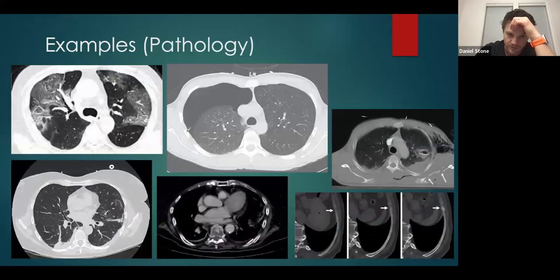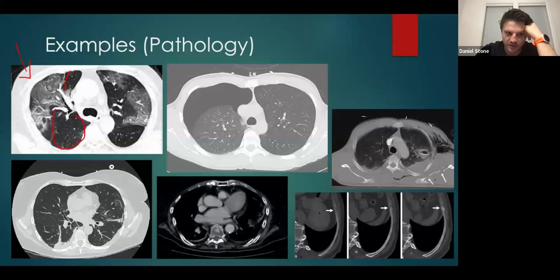So, a couple examples of pathology on CT scans. We talked a little bit about a lung window, so this is a lung window study. You can see here that there's an outline of what looks like an infiltrate. This is normal lung parenchyma right here.